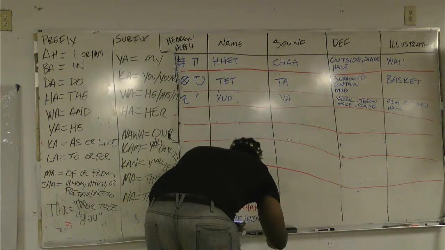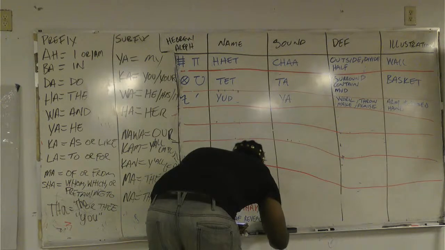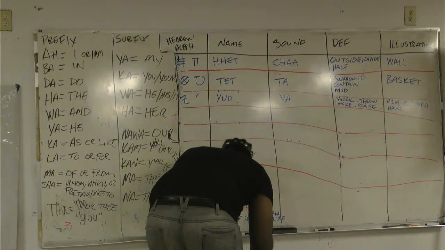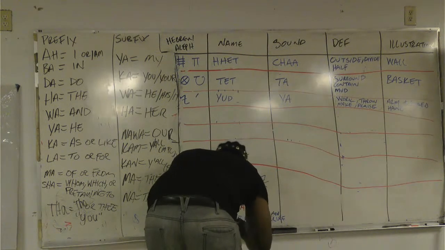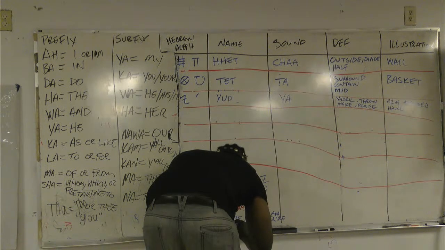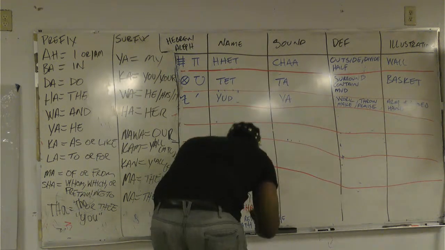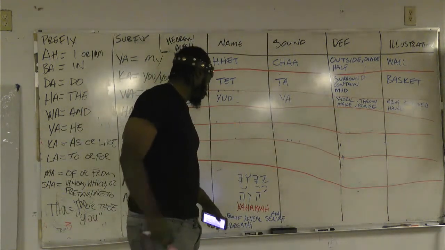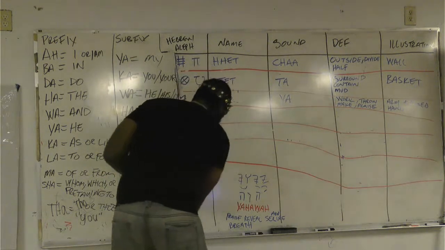Wa is secure, or add. And then you have ha again, which means reveal or breath. So you can use it interchangeably.